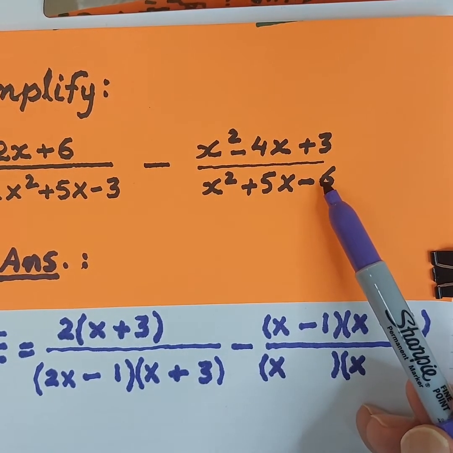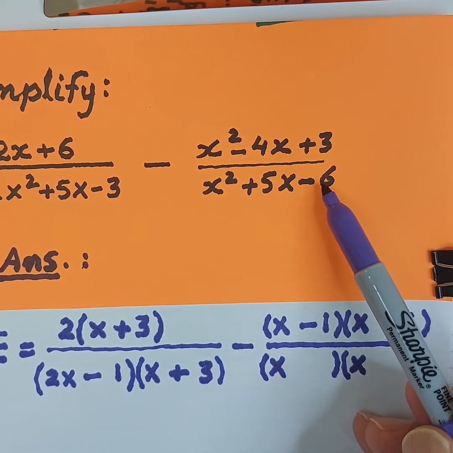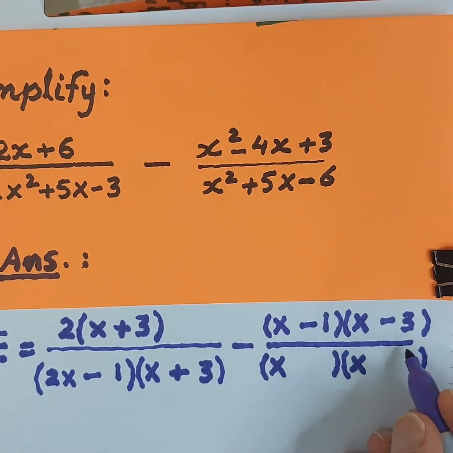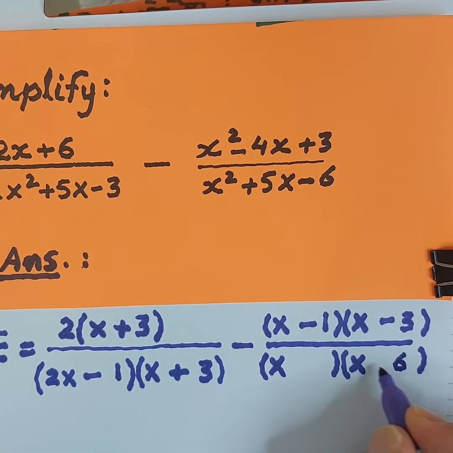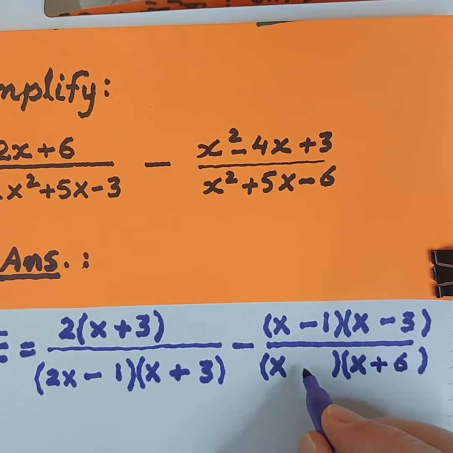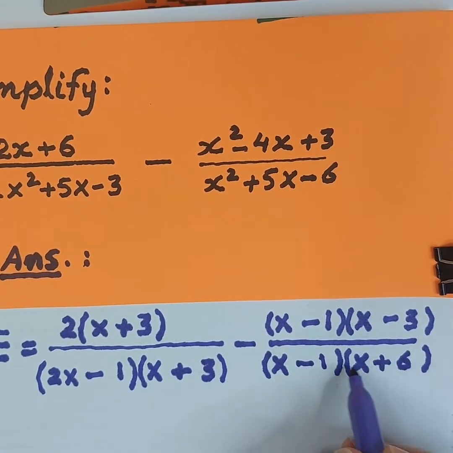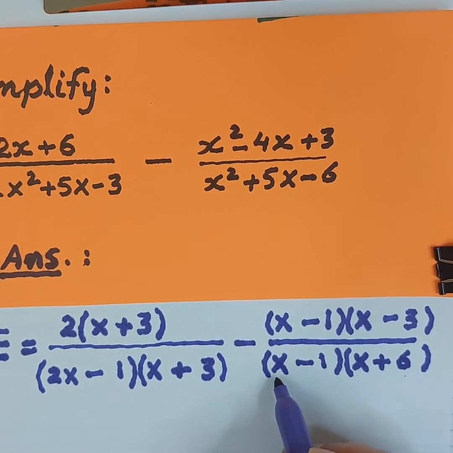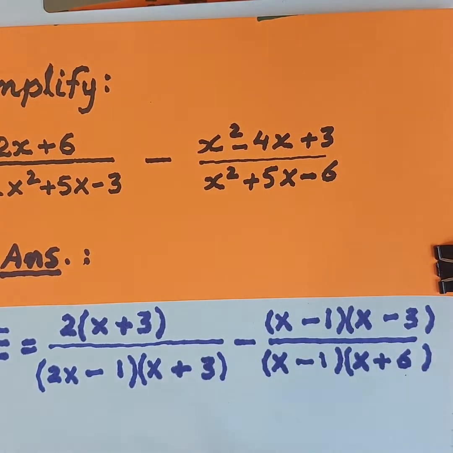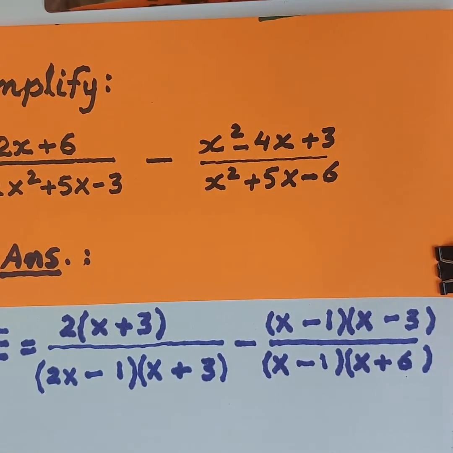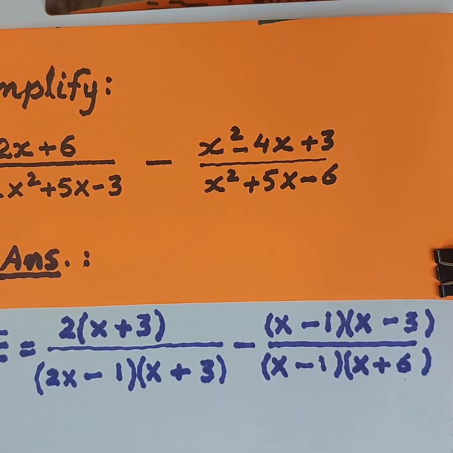So it is 1 by 6. 6 will get the plus and 1 will get the minus. Make sure it's correct. Minus 1x plus 6x gives me 5x in positive. So it is correct. After that we look if there is any cancellation we can do.